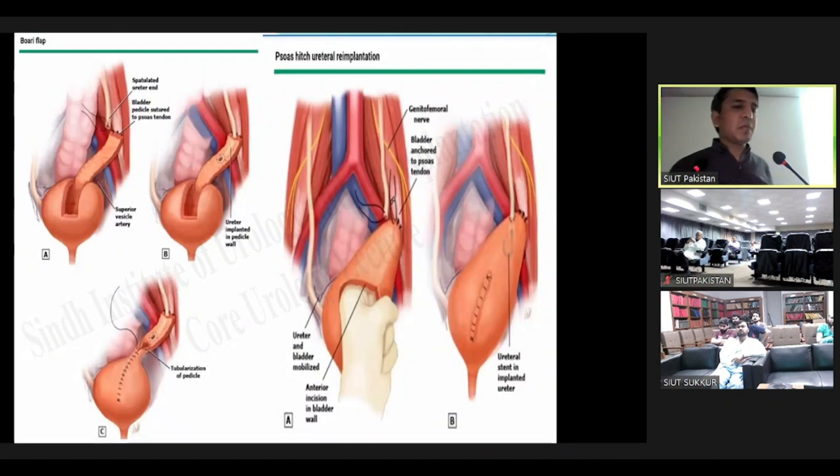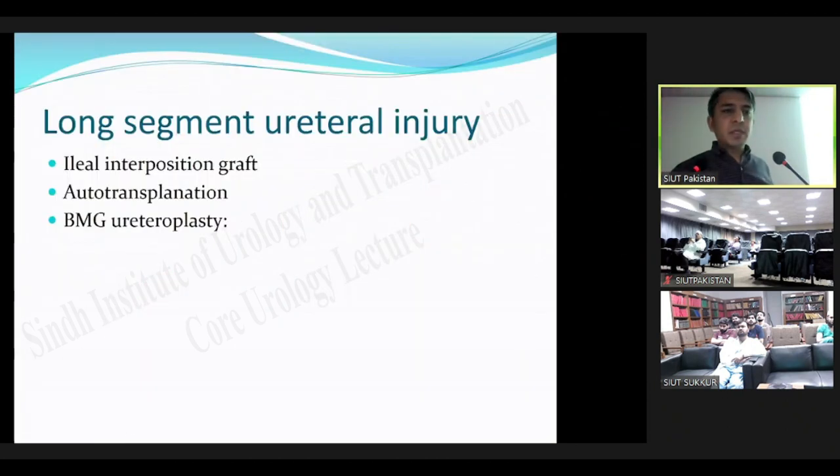The Boari flap is performed by first identifying the flap, then raising the flap. After that, we will tubularize the flap, and the tubularized flap is then anastomosed with the transected ureter.